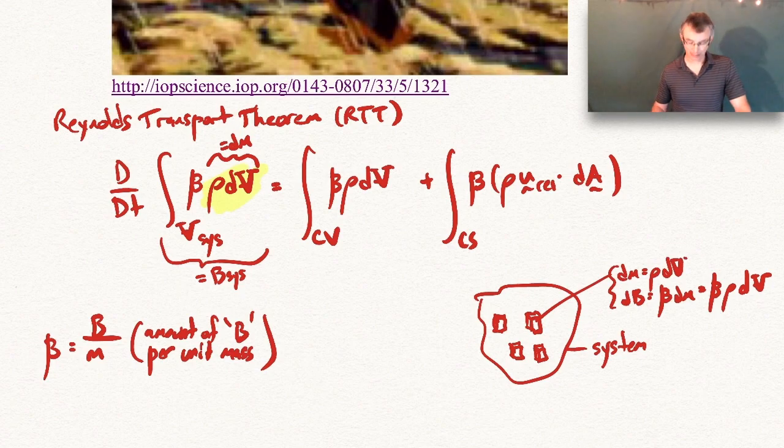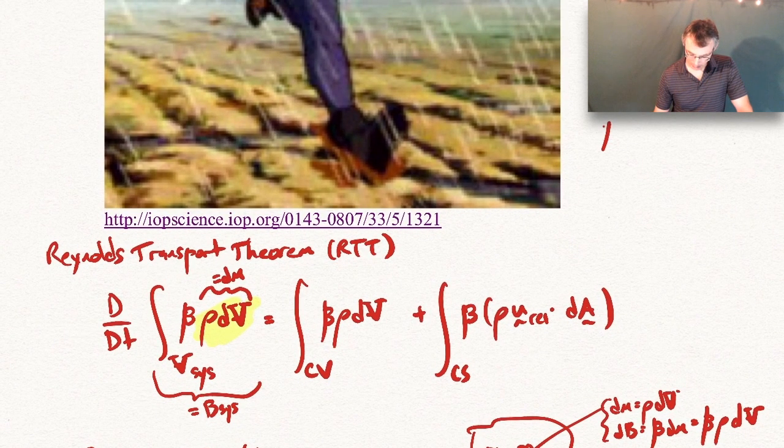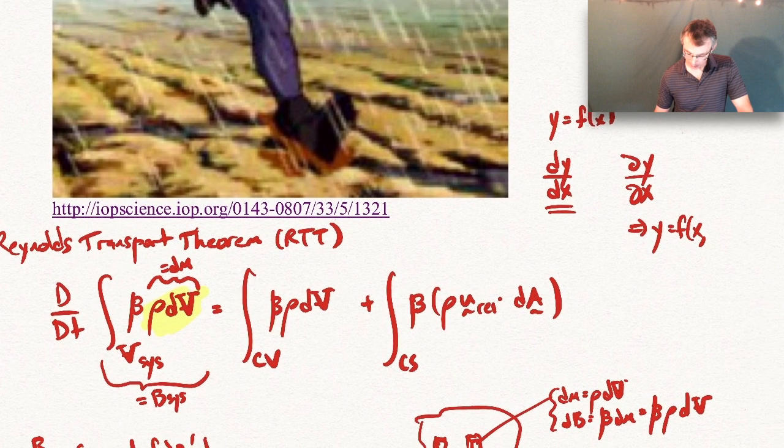So if I had, for example, y as a function of x, then when I write dy dx as an ordinary derivative, it just means that y is only a function of x. If I had dy dx as a partial derivative, what that implies is that y is a function not only of x, but maybe some other variables, maybe z and t and other stuff.